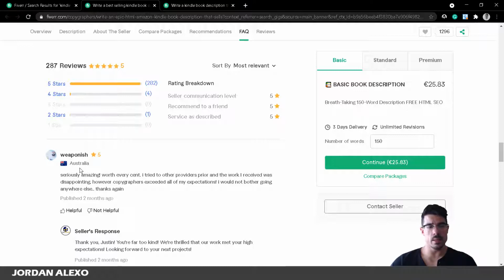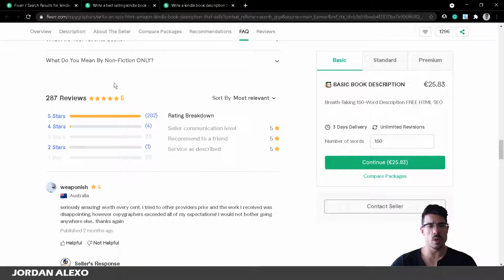But I just stopped doing all of this work, including the description, including the book design, because first it's way too time consuming. For example, sometimes I would take a whole day, or at least a whole afternoon, to design a cover for my book. And nowadays I just don't have time for that because I have other things that I need to do when it comes to my business online.